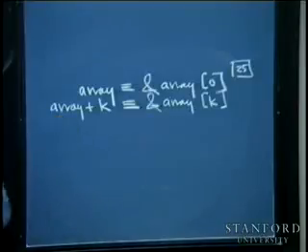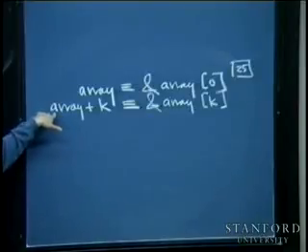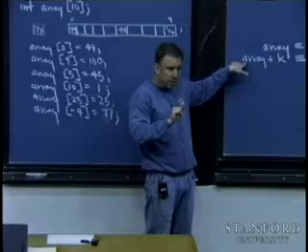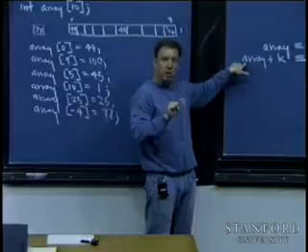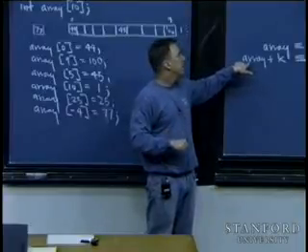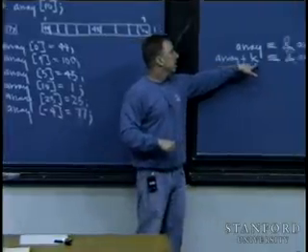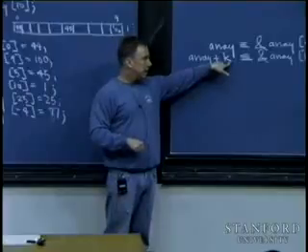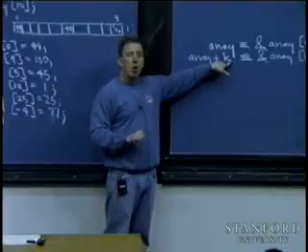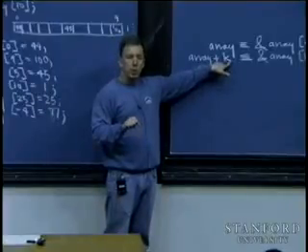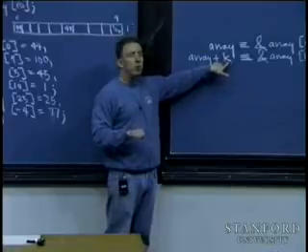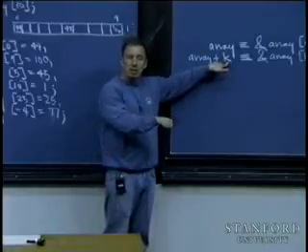Given that example, array is of type int star. There's no storage for array. It's not like the base address of the array is stored anywhere that you can manipulate. But this is of type int star. If this is assumed to be an integer, which it is in this example, then you're not doing normal arithmetic here. You're doing what's called pointer arithmetic. And it knows that you're not going to be dealing with arbitrary bytes inside an array.